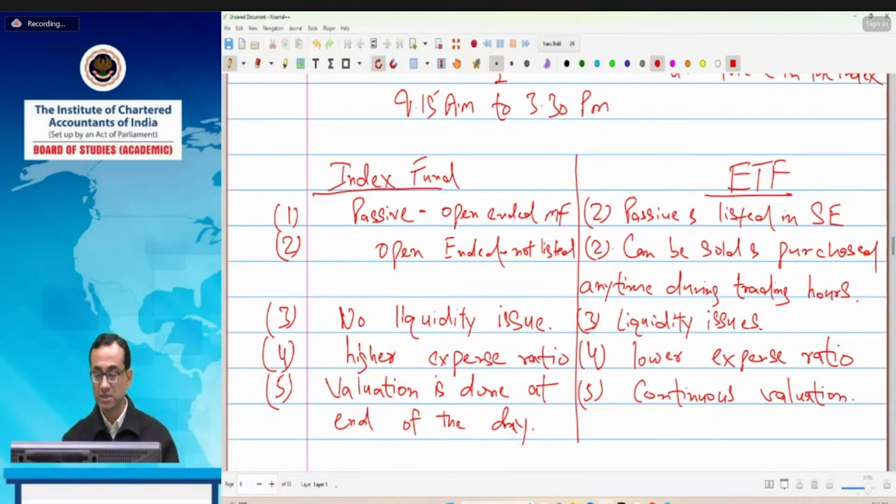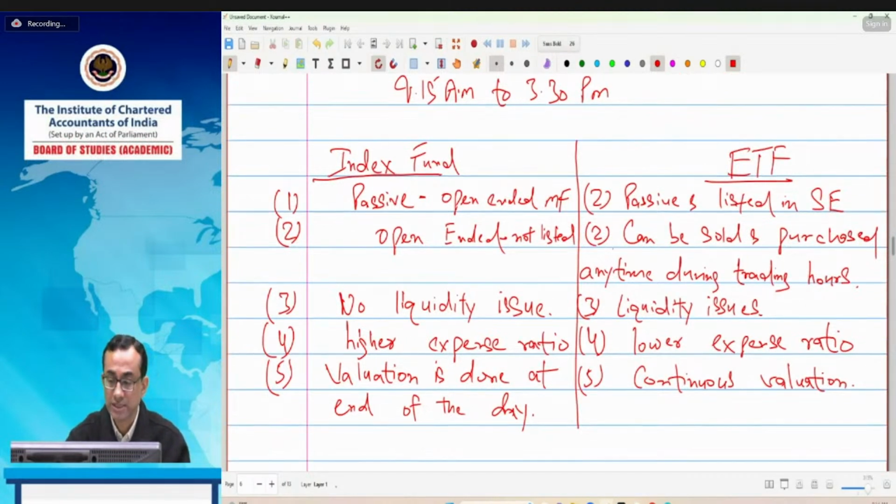So there is continuous change as the stock prices change continuously. Therefore, the value of ETF changes continuously. But index fund valuation is done only at the end of the day. At the end of the day, NAV is calculated, and then the valuation is done. So you can say ETF is more linked to the market.